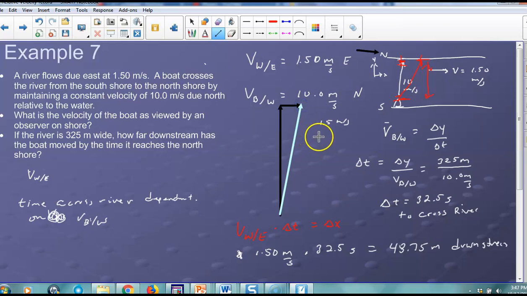Something like this. Now, we know that the orientation of the velocity downstream and the velocity of the boat across the river are at 90 degrees to each other.